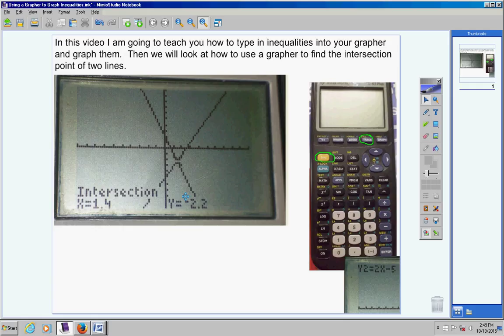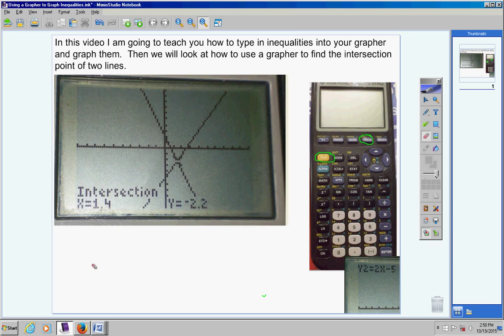So the answer is not going to be whole numbers this time, but the grapher helps us to get very accurate and very close to where we want to be. Okay, so there's the intersection point. So you can write the intersection point like this: 1.4 comma negative 2.2, and there's your intersection point.